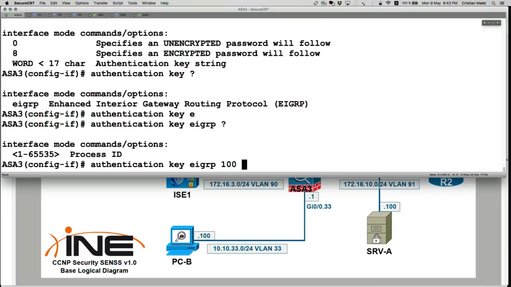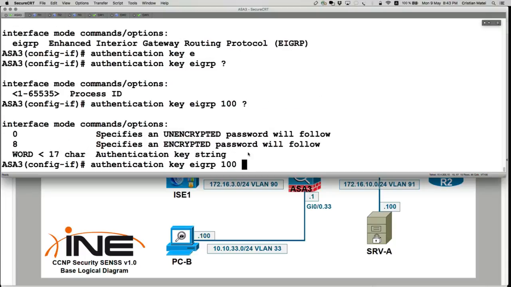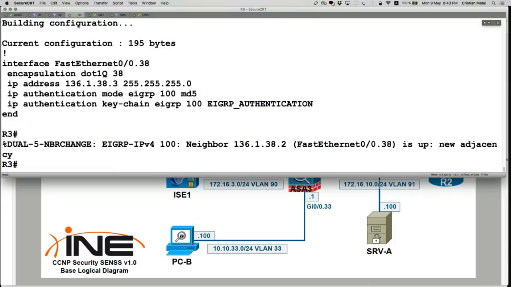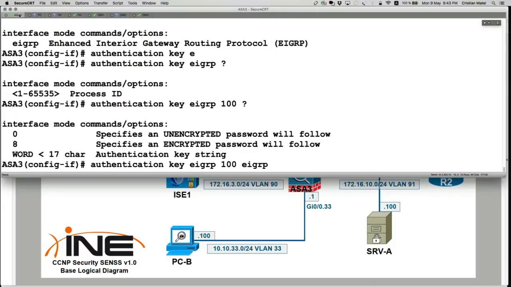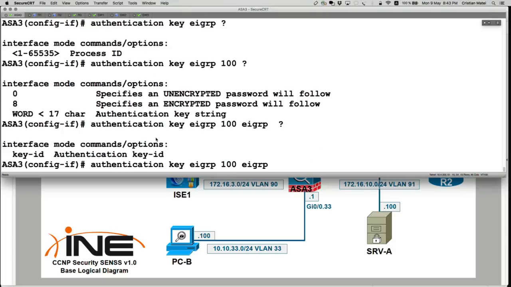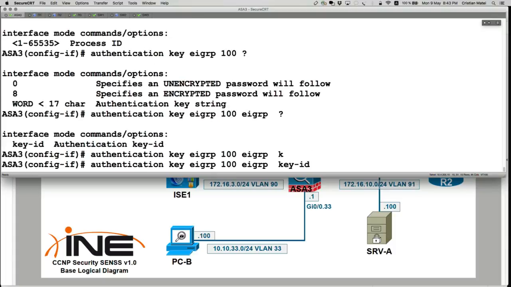We first define the authentication key string. It was EIGRP. Let's confirm that was the key. It was EIGRP. And then we say key-id number 10.